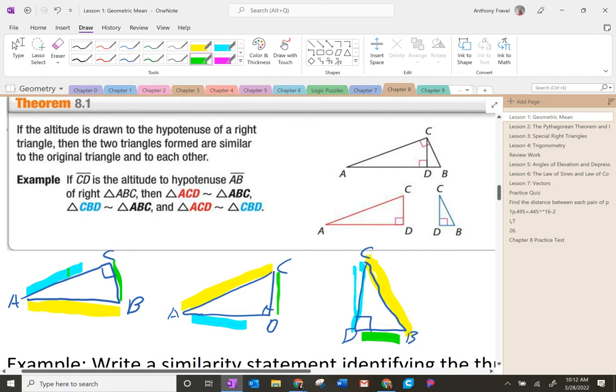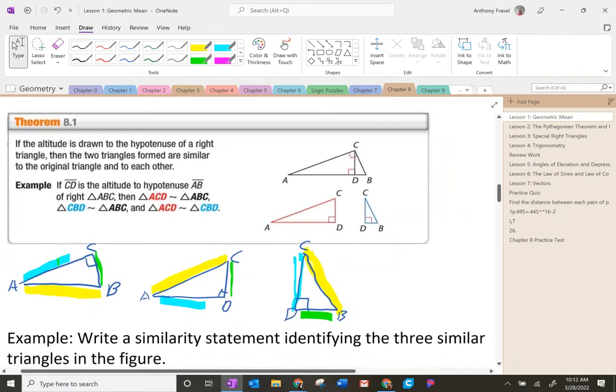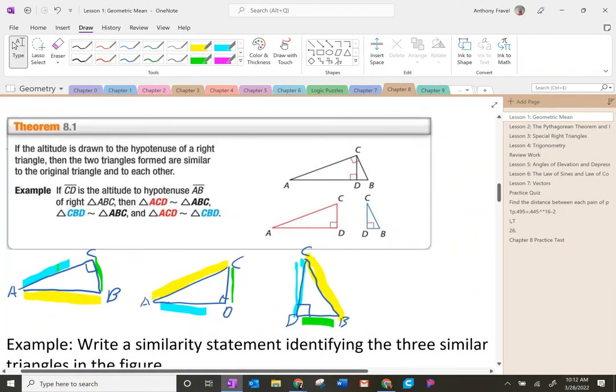All right? So if I have 3 sets of similar triangles, I know that I could have it where, if I were to give them numbers, I'll say this is number 1, 2, 3, 4, 5, 6, 7, 8, 9.